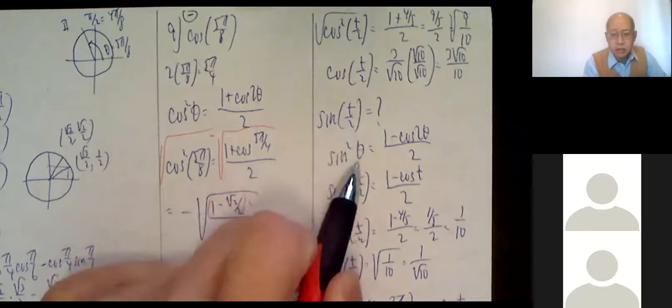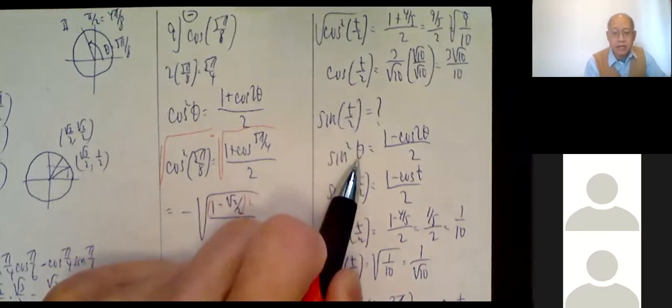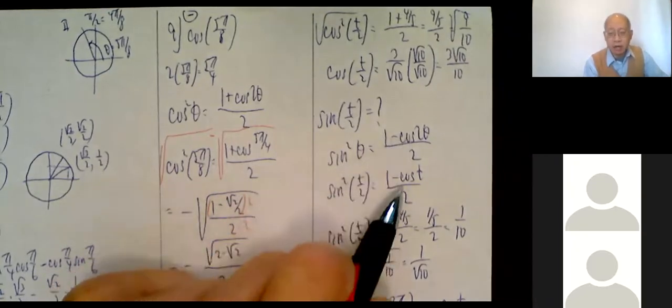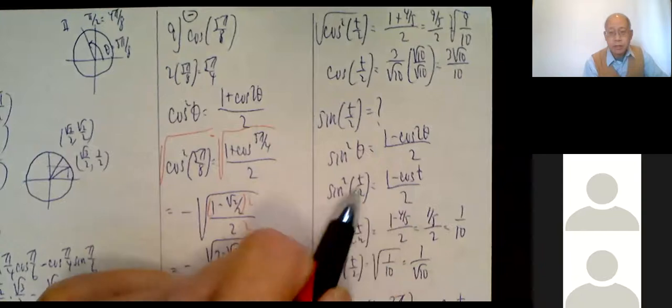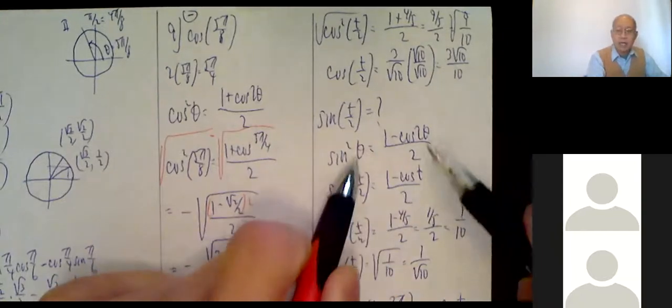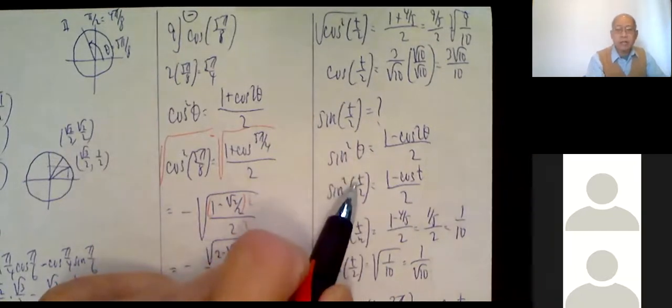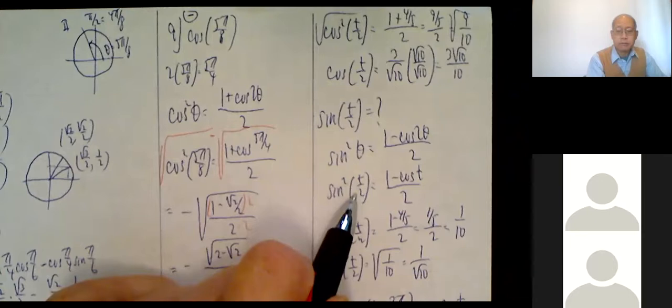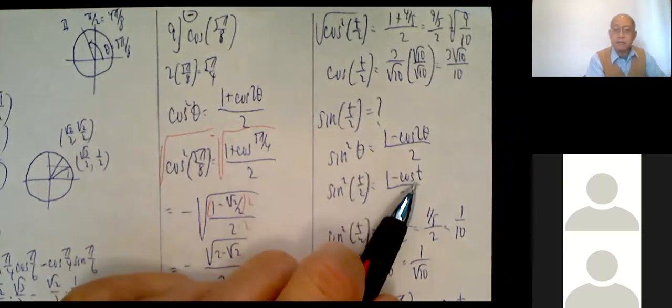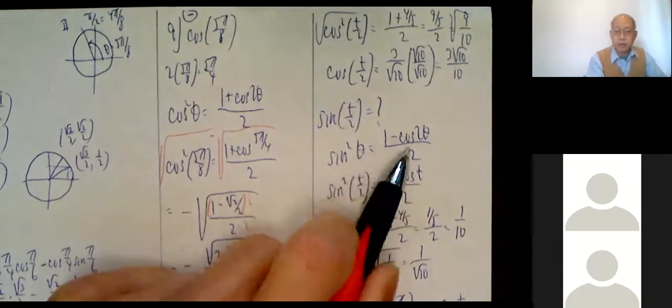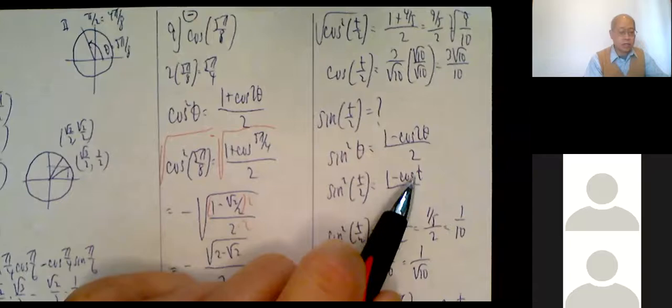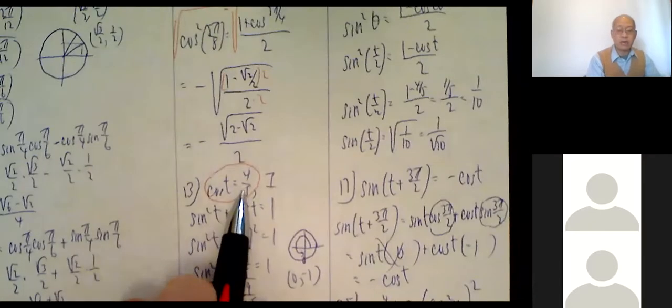So if I put t over 2 here, if I double it, I get t. That's what I want. Notice this is an application of this rule: double theta to get 2 theta. And I want this because I know cosine of t. I already have cosine of t as being 4/5 over here.